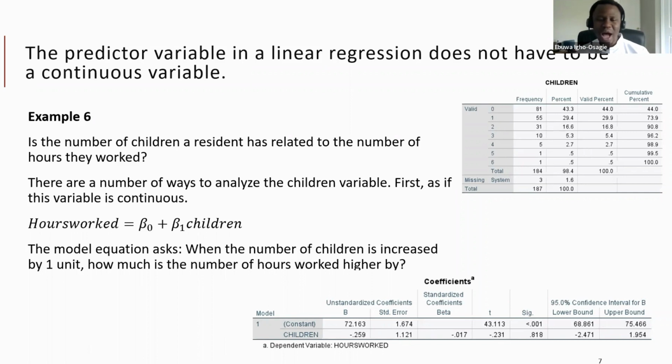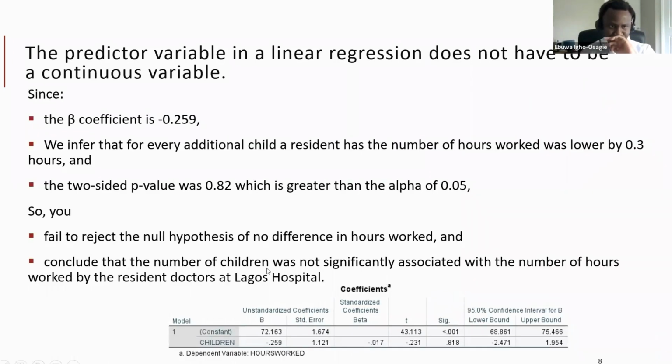There are reasons why people make these assumptions, and you might make them yourself as you go on. So this is exactly what we're saying. We fail to reject the null of no difference in hours worked. We conclude that the number of children was not significantly associated with the number of hours worked.